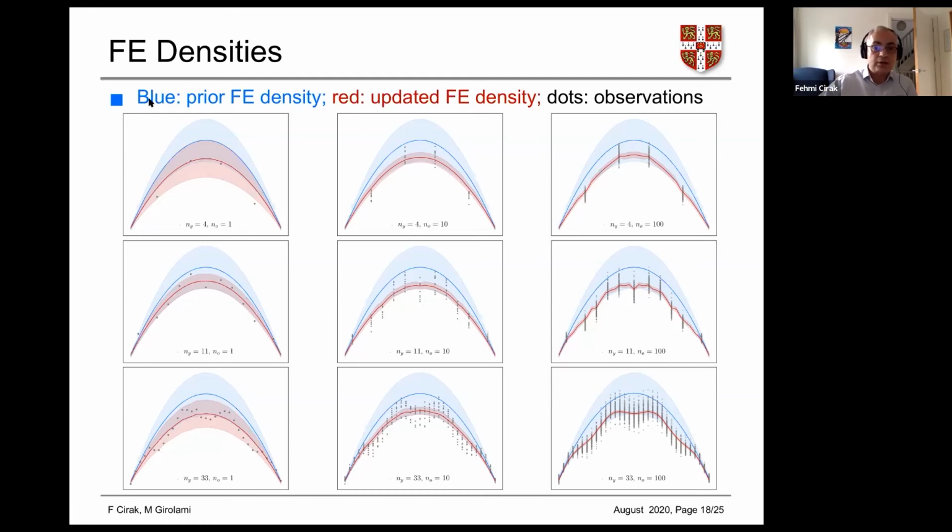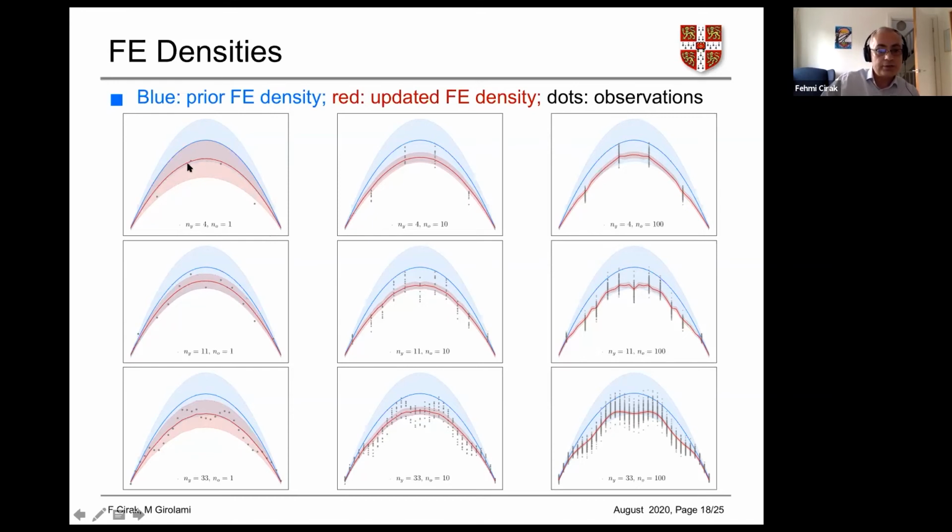And you can see now, if maybe we look at the, so in this case, we have 4 sensor locations and 1 reading at each location. So 4 readings, 4 dots in total.